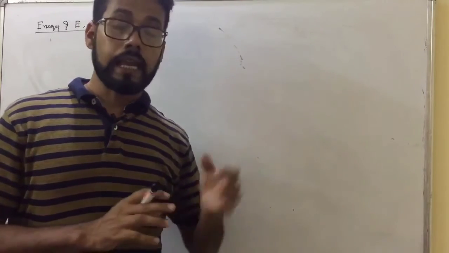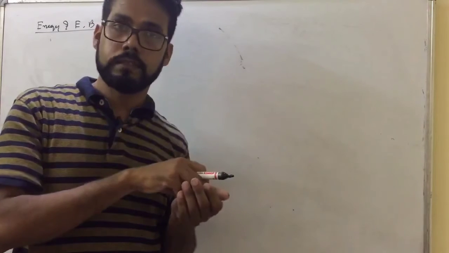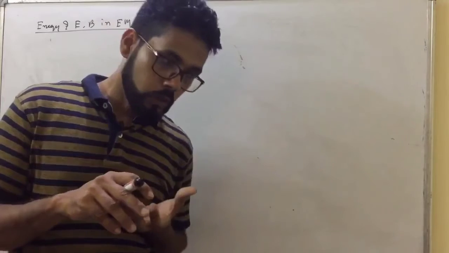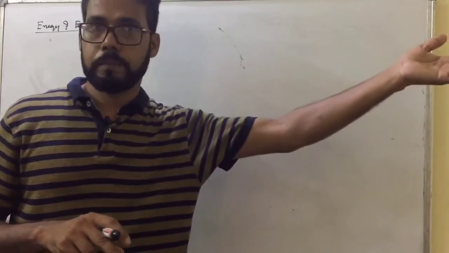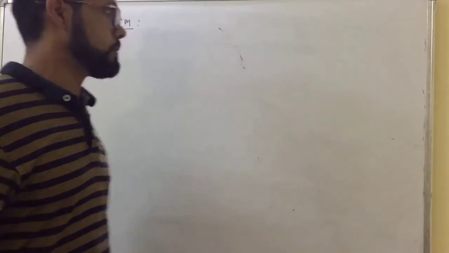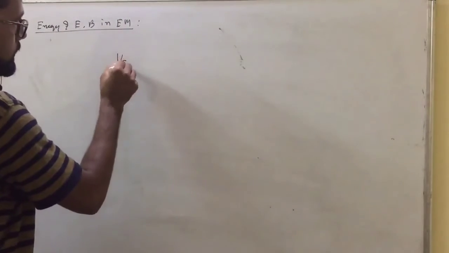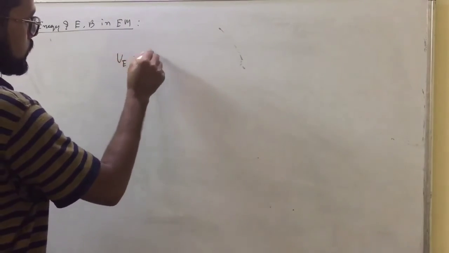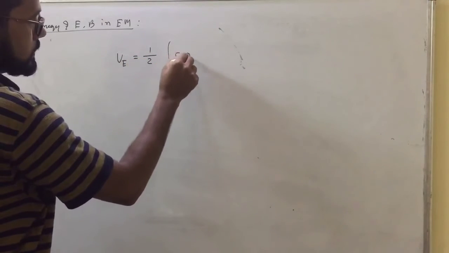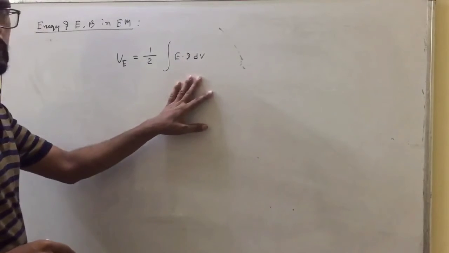Another important thing: the electric field vector as well as the magnetic field vector depend on the channel medium through which the electromagnetic wave propagates. So first of all, we have to calculate the energy shared by the electric field and magnetic field. Probably you remember the electric field energy is equal to 1/2 integration E dot D dV, where D is the displacement vector and E is the electric field.